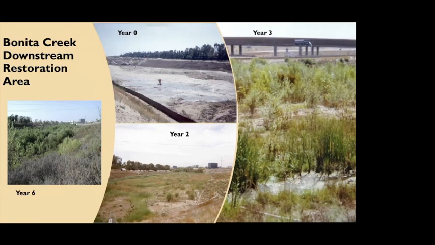It was a late spring, sort of like this spring. But even in the wetlands, we have the same early successional species. You can see them here: cattails, scirpus, and the starts of the willows and the mule fat. Year 3, you can see a little more of the tree development, but still early successional species.